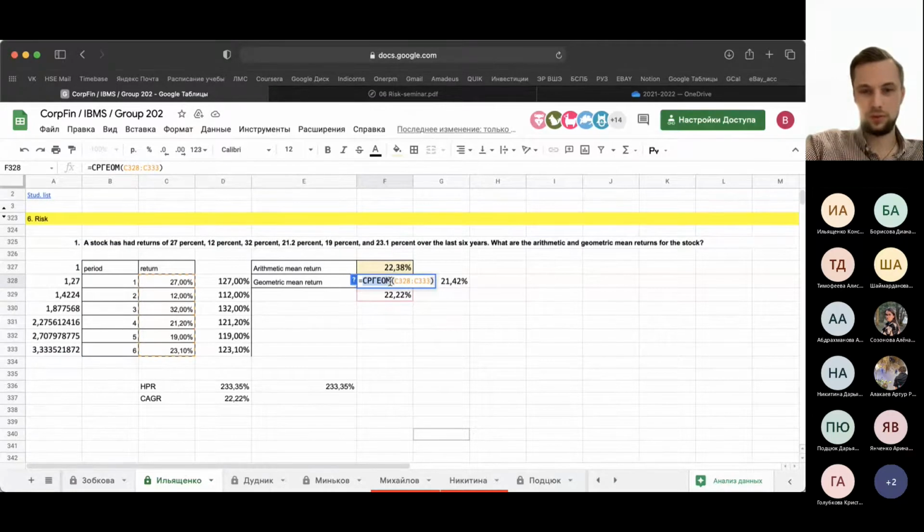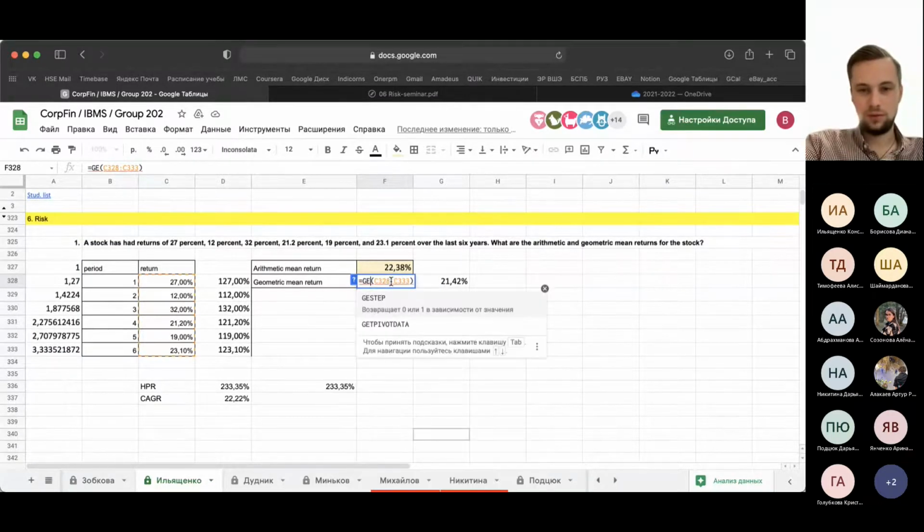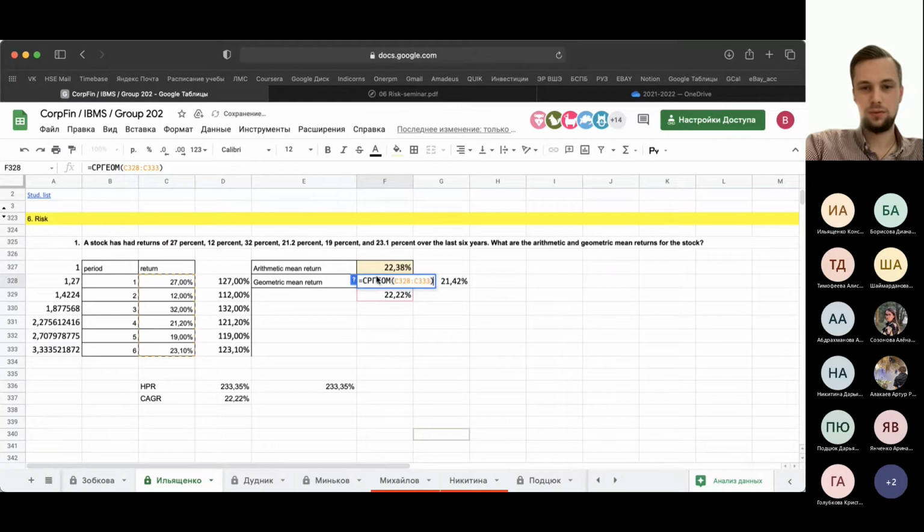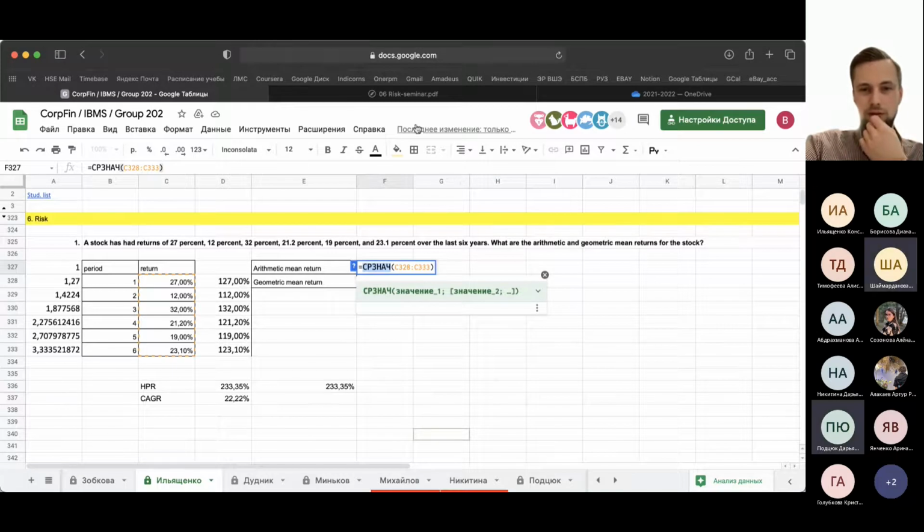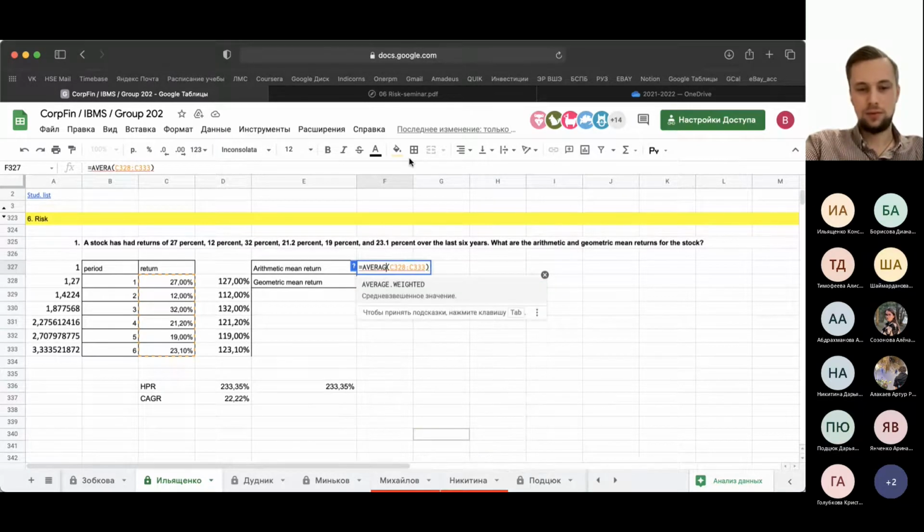For example, we use this, right? Geomean. And who knows how the average formula is called in English? It's average, right? For the ordinary arithmetic mean, we use the function average.